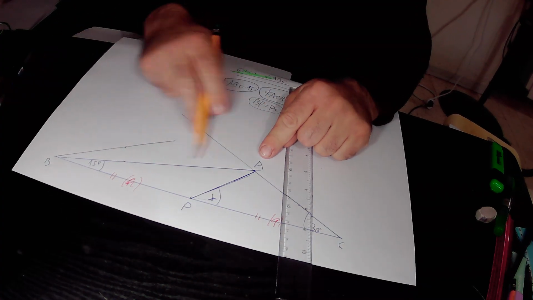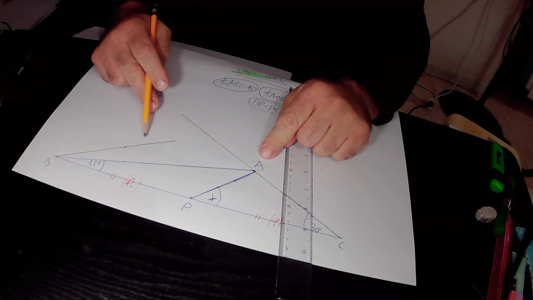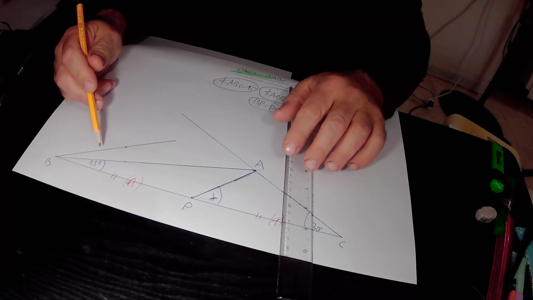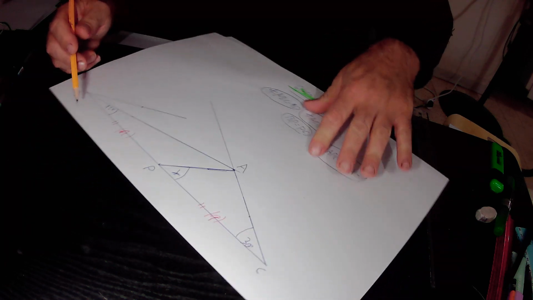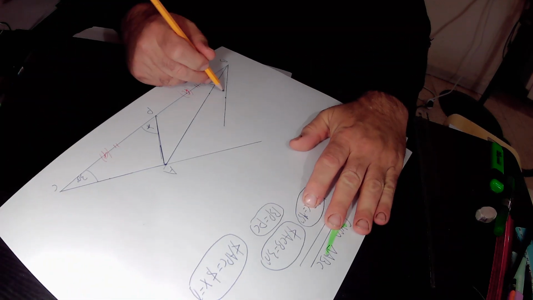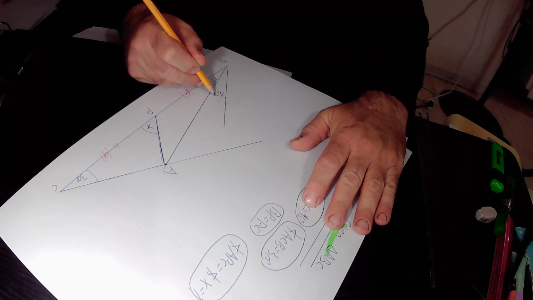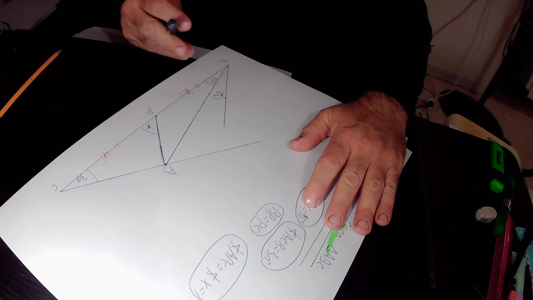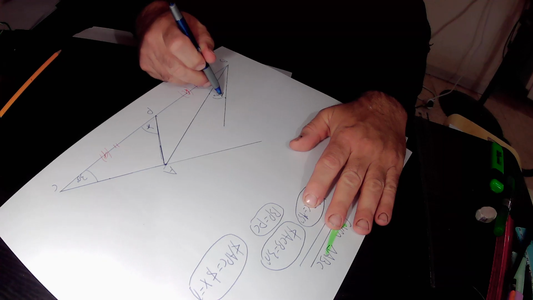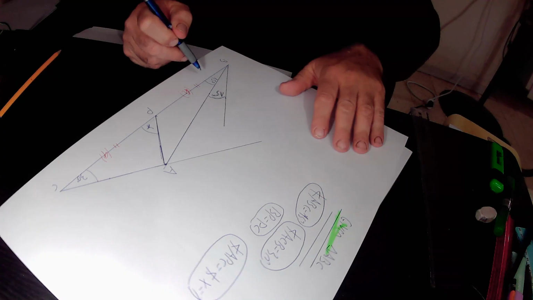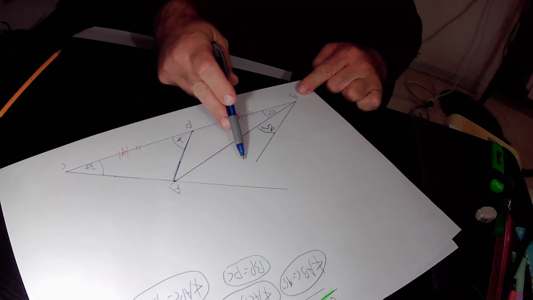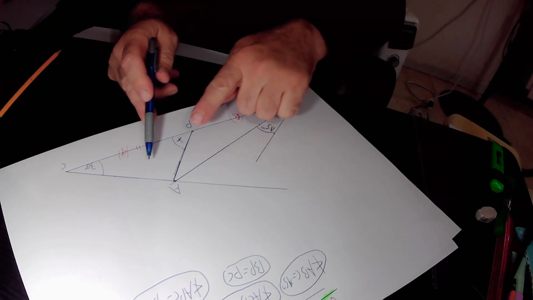So this is angle ABM, which equals 15 degrees in size according to our construction. In the next step, we will extend this leg by a straight line until it touches the extended side CA.